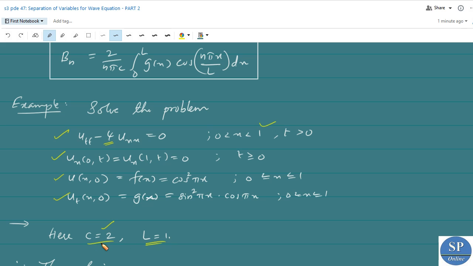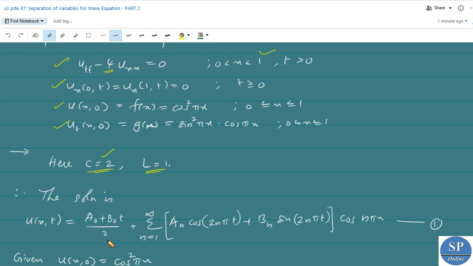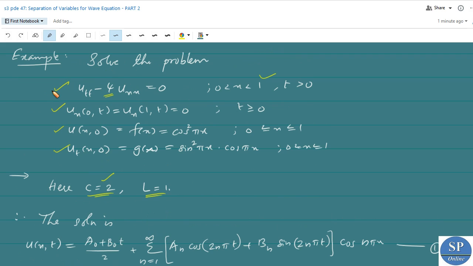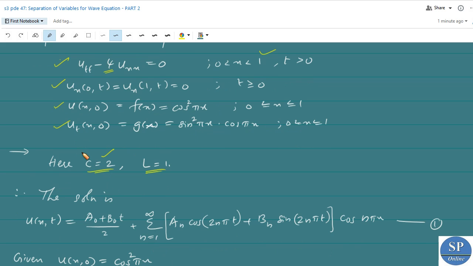So we will get the solution as u of x t equal to a naught plus b naught t divided by 2 plus summation n from 1 to infinity of an cos 2n pi t plus bn sin 2n pi t, into cos n pi x, because l equal to 1 here and c equal to 2.